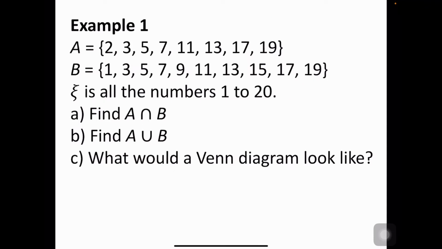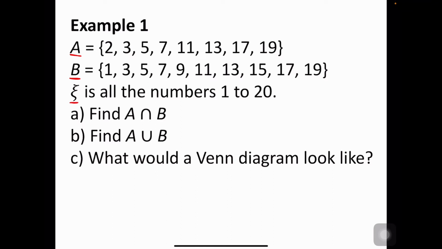Okay, example 1. We have a set A and another set, B, and it says that epsilon is all the numbers from 1 to 20. Find A and B. So A and B are the values which are in both sets.